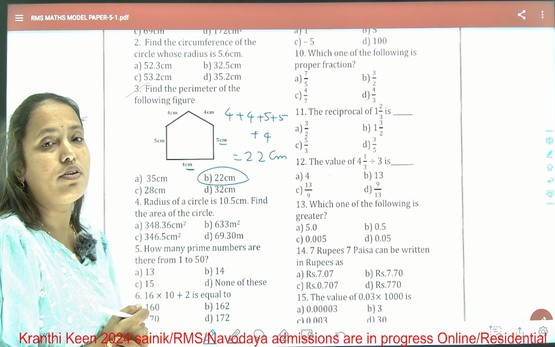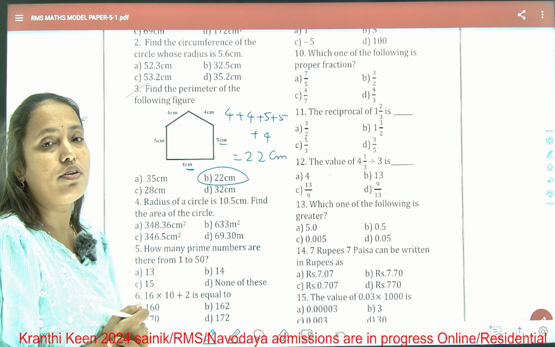These are the decimal numbers. Then you have to check the hundredths place, thousandths place, tenths place and units place. Here 5.0 is nothing but 5. This is the whole number, and these are all decimal numbers. So the answer will be 5.